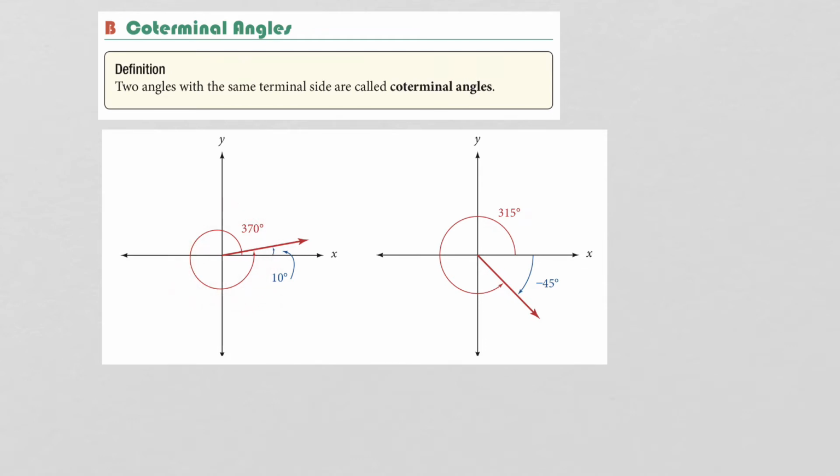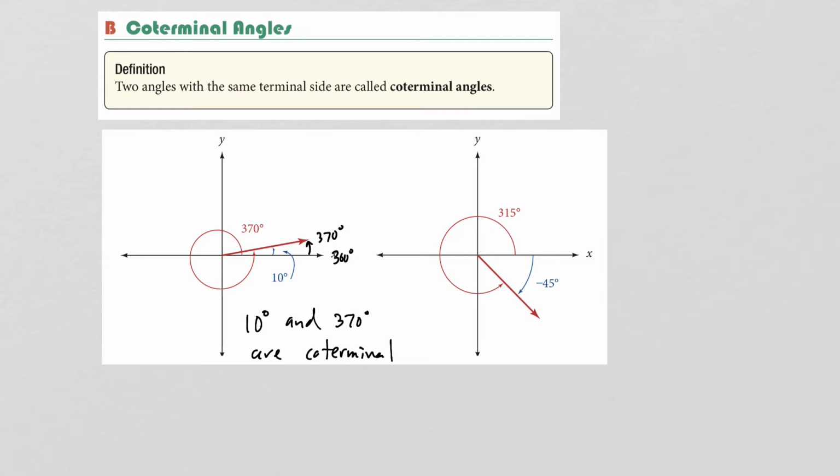And that's because 360 degrees is here, and if you go 10 degrees beyond 360, you get to 370. So 10 degrees and 370 degrees are coterminal.